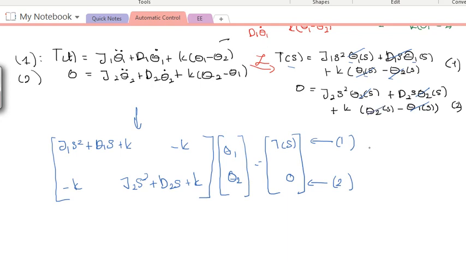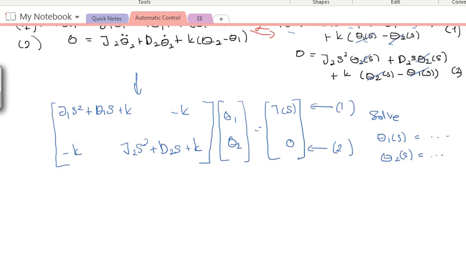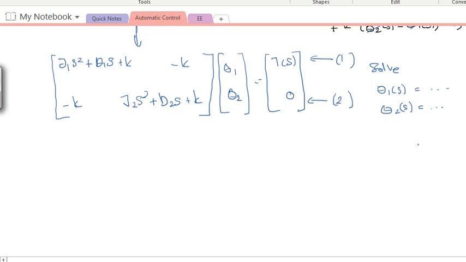So this is the equation that you need to solve in order to find theta 1s and theta 2s, right? The way to solve it, I'll leave it to you for now to find out how to solve it.